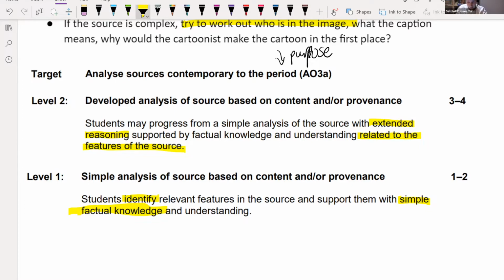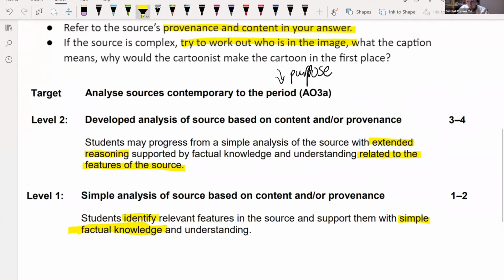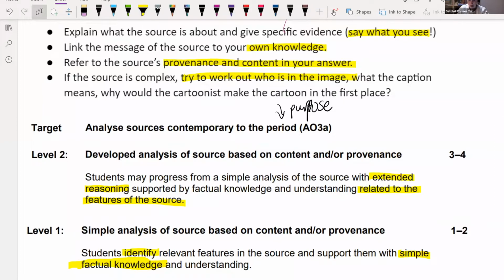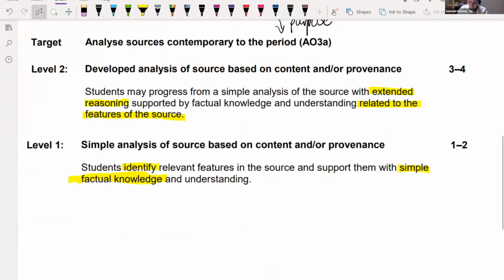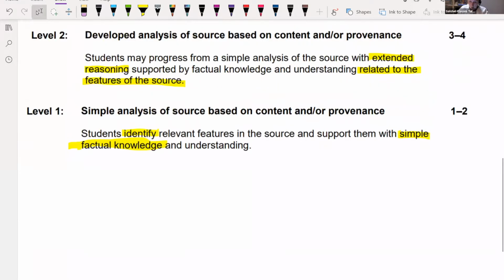They're quite ambiguous. Teachers find them frustrating as well. Examiners, I am an AQA examiner, and I can tell you that I find them quite frustrating. They're not specific, but what you need to do is make sure that the evidence that you're giving is directly related to that source. Okay, so let's have a look at what we could write then for this question.